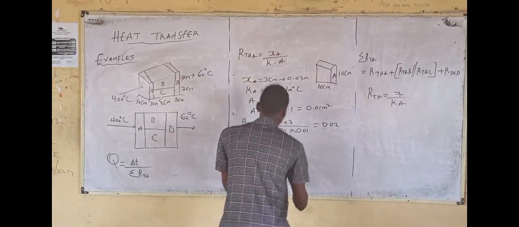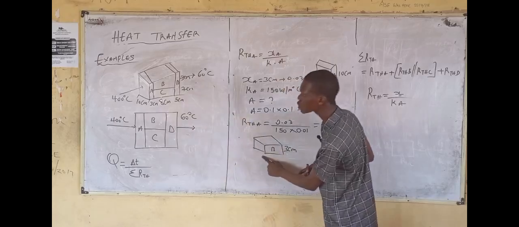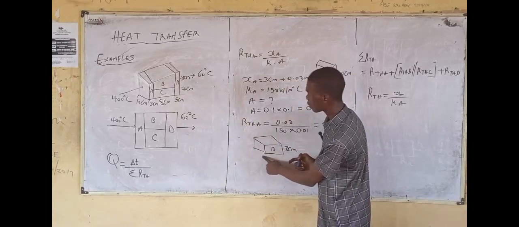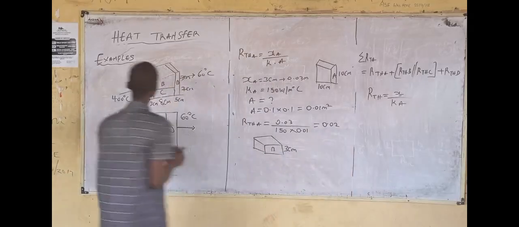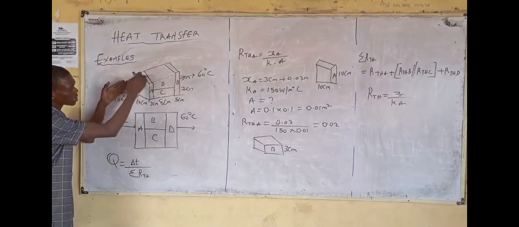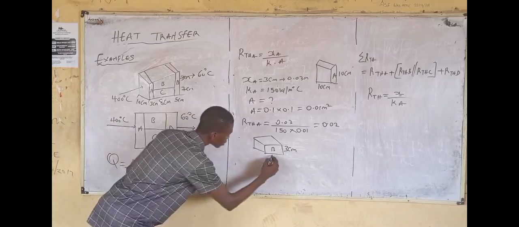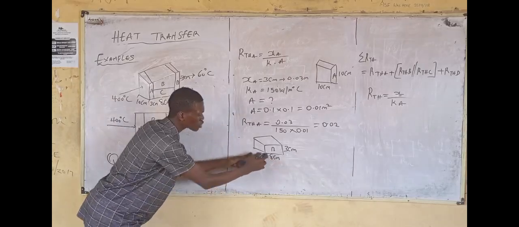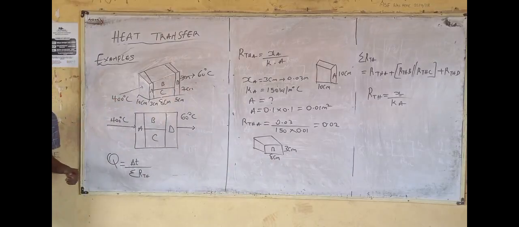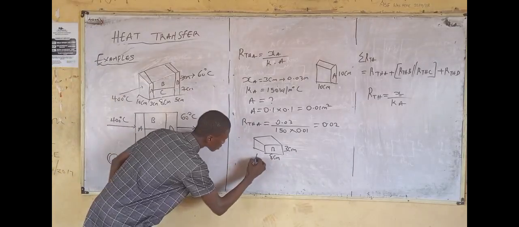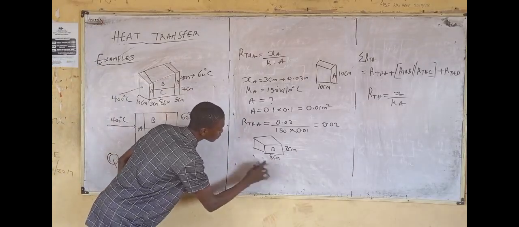Then from here to here, wall B is 8 centimeter. Then from here to here is 10 centimeter.